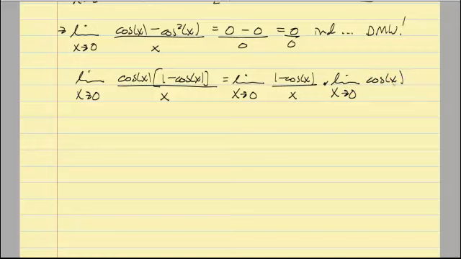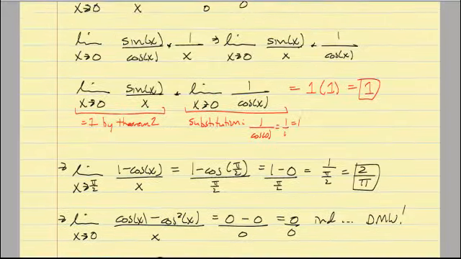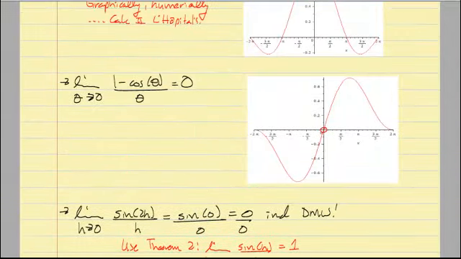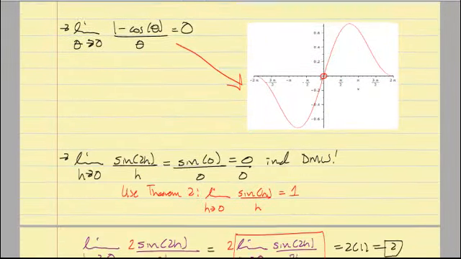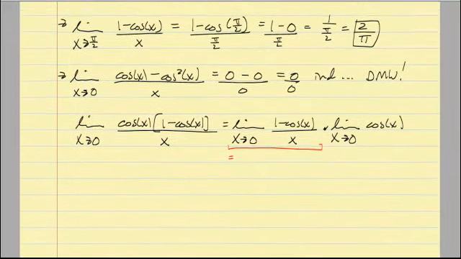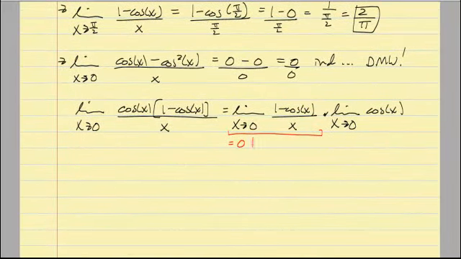Okay, so I have two limits being multiplied together. This one, the argument matches my theorem 2. So let's go ahead and look it up and see what that is. Remember the graph, so this limit equals 0 as we approach 0. So this is equal to 0 by theorem 2.